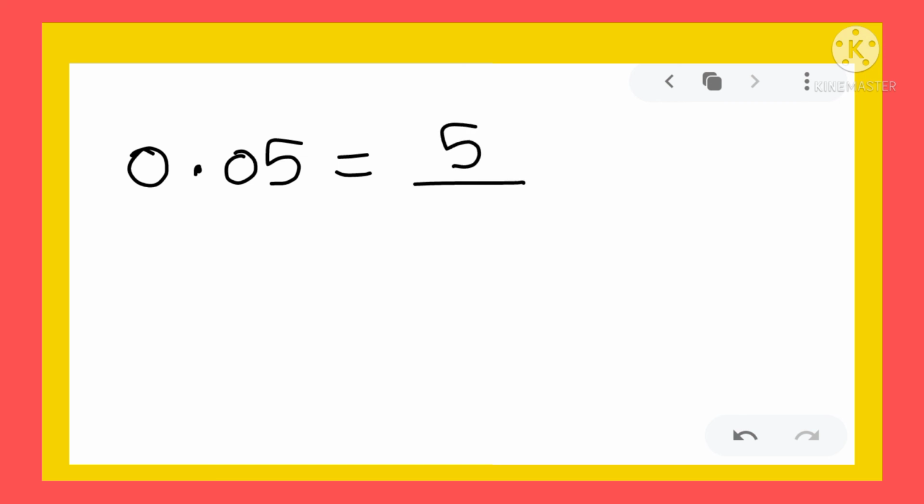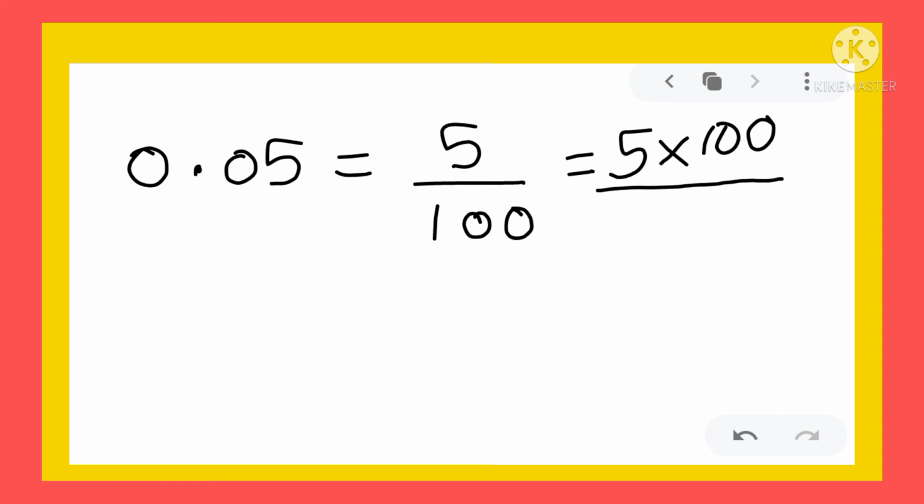And another example, decimal numbers, like 0.05. Here we want to move this decimal to here. So how can we write? That means 0.05 is 5 by 100, we know. But we want to write as 5. For that we want to multiply by 100.